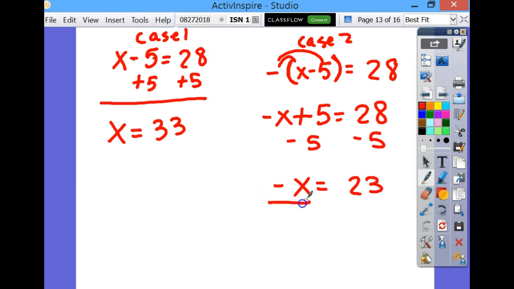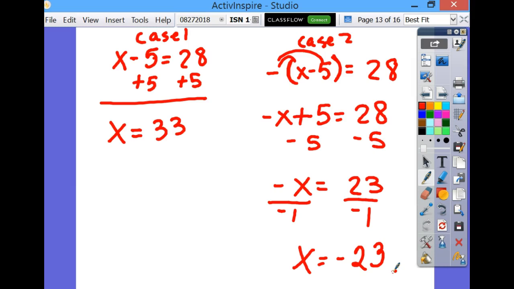I am going to divide by negative 1 to get rid of the negative sign. I have my two answers. And what do I need to do next? Check. I'm going to tell you a shortcut about checking, though.